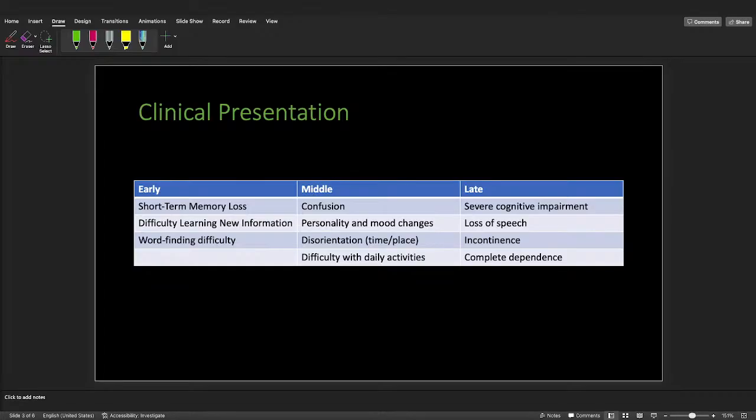Then later on, more confusion happens, and then mood changes, and then difficulty with daily activities, and then later stages where you're not in control of anything anymore. You lose your speech. You're having lots of incontinence, complete dependence, and so it's severe cognitive impairment.